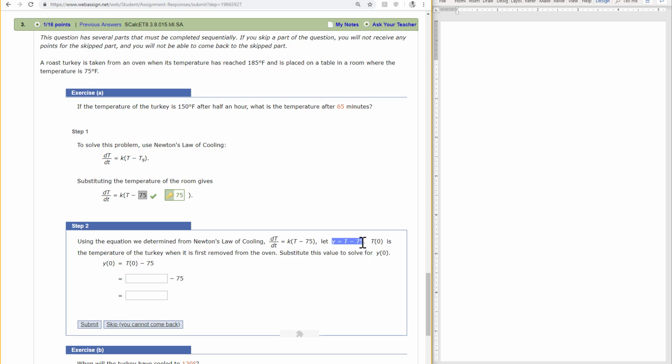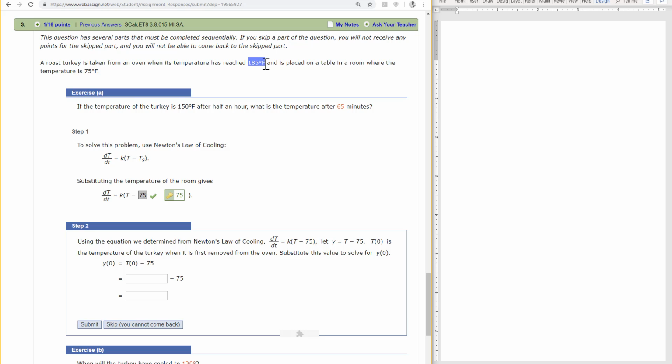We're going to let y equal T minus 75, and so we have T minus 75 here. When t is equal to 0, that's when the turkey came out.